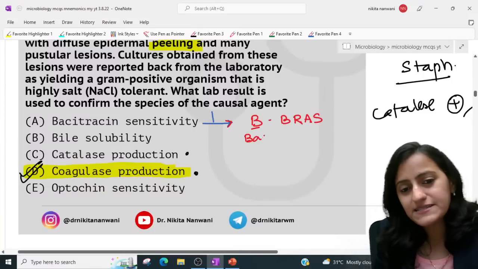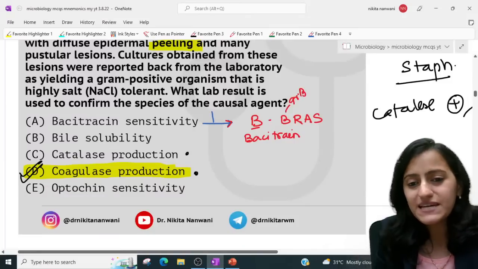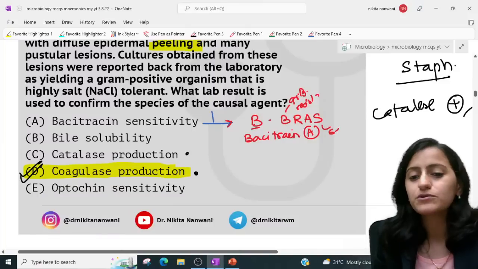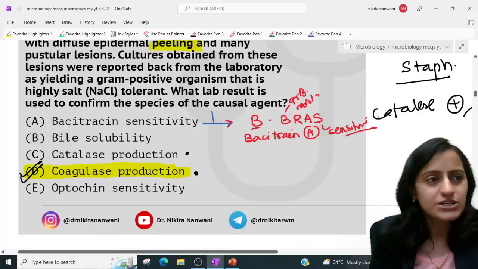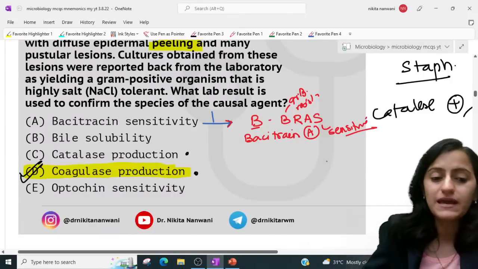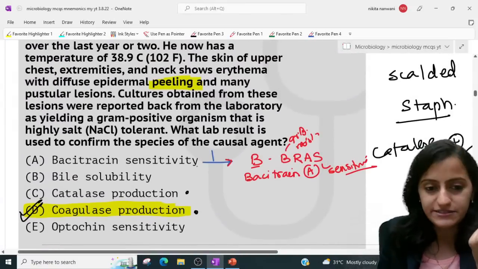B bras basically stands for the bacitracin test. Group B streptococcus is resistant. Group A streptococcus is sensitive. Okay, group A is sensitive. So now tell me, which is group B and group A? Streptococcus pyogenes, we'll see the flow chart, that's going to be sensitive.